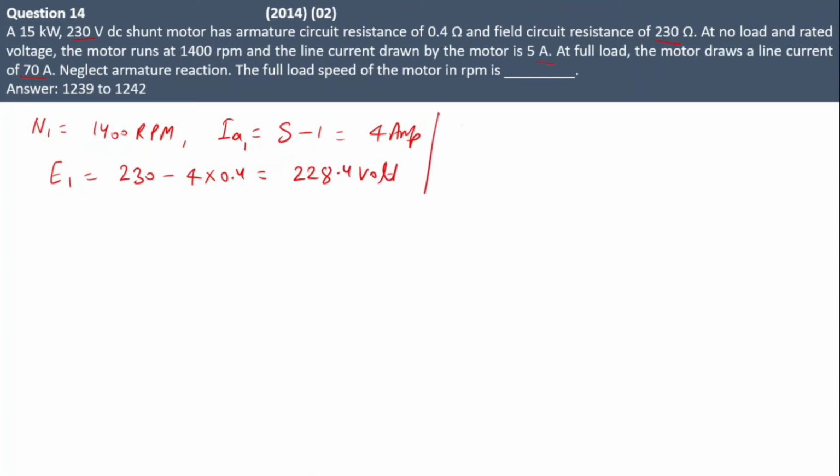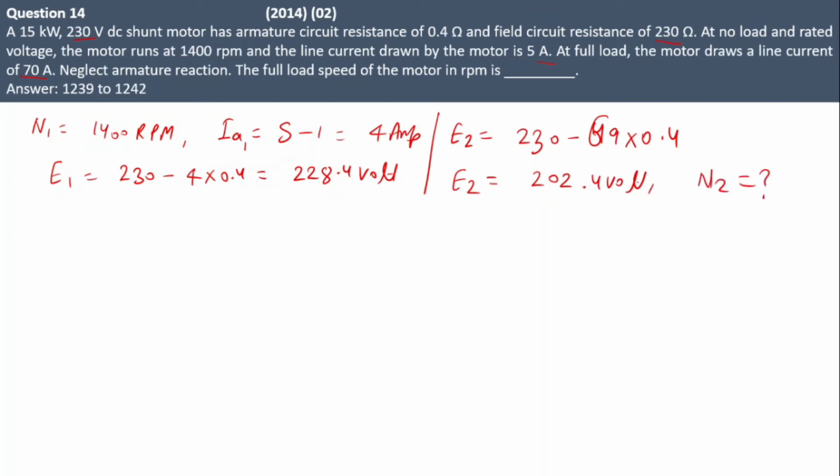Now find E2 corresponding to full load. 230 minus, full load current is 70 amp, so 70 minus 1, this is 69, into 0.4, so E2 is 202.4 volt.